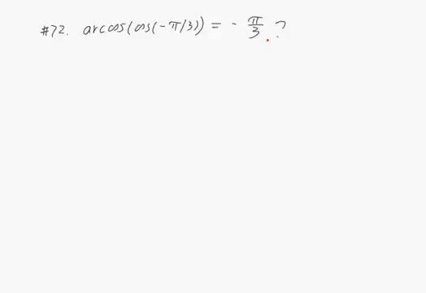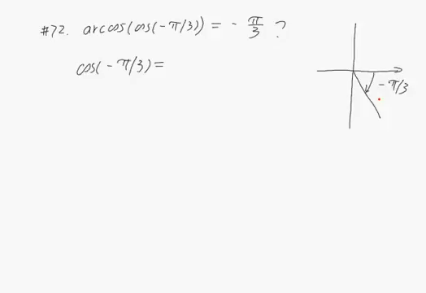But here, it's kind of tricky. So, first, let's get the cosine of negative pi over 3. What is the reference angle of negative pi over 3? See, you draw the sketch. Right, this is negative pi over 3. Then what is the reference angle for this angle? Pi over 3, right?